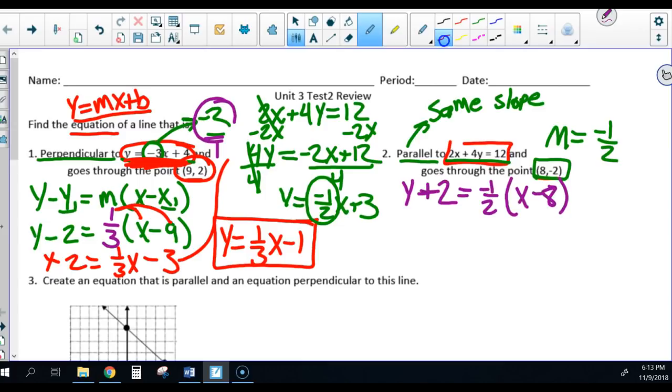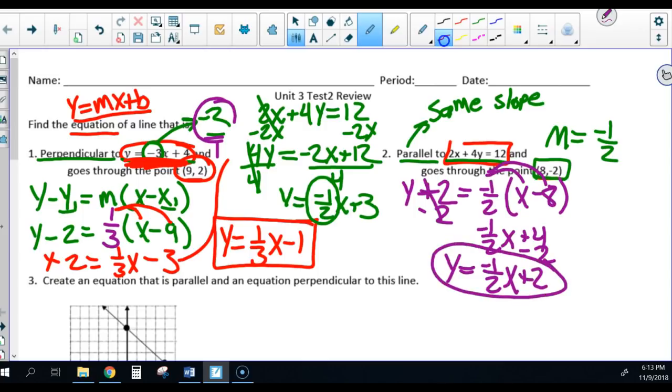Then I just isolate the y, and I have my equation. Negative 1/2 x, negative half times negative 8 is positive 4. Minus 2 to both sides. I have y equals negative 1/2 x plus 2.